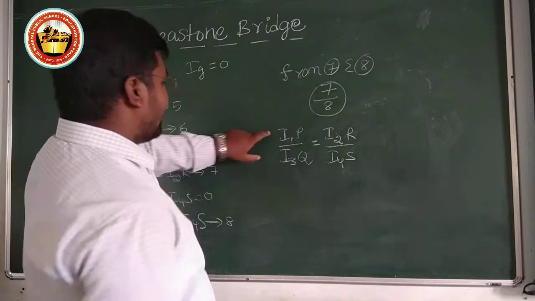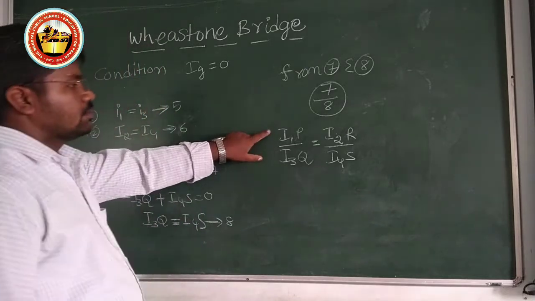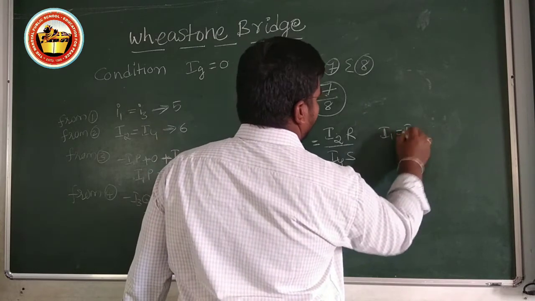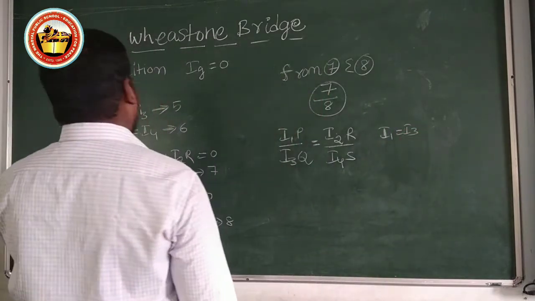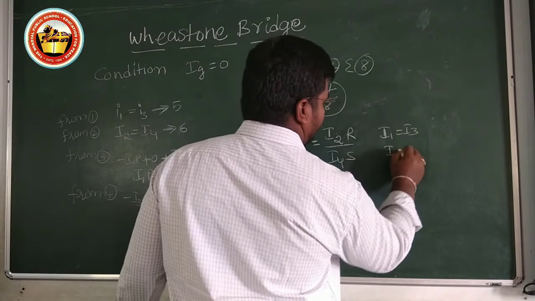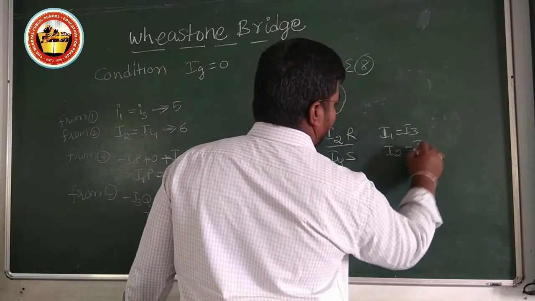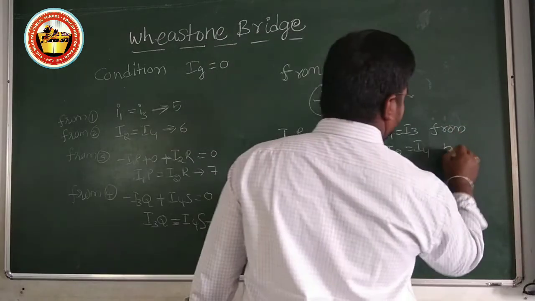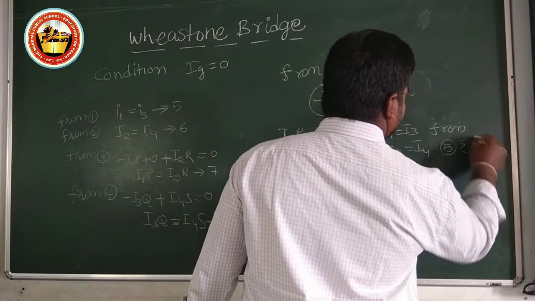Okay, see here, what is the I1 value? I1 is equal to I3. Next, I2 is equal to I4, from 5 and 6.